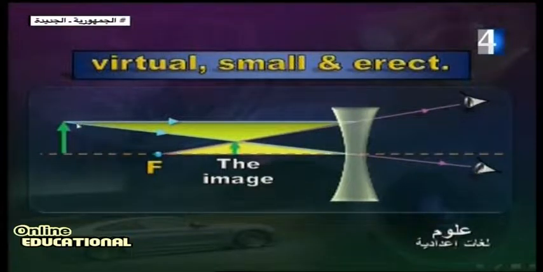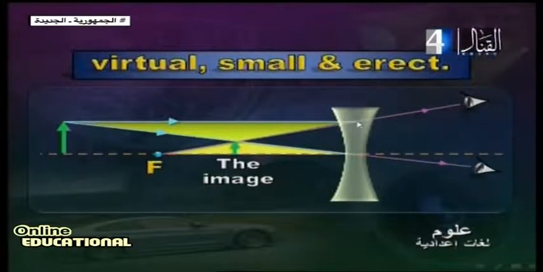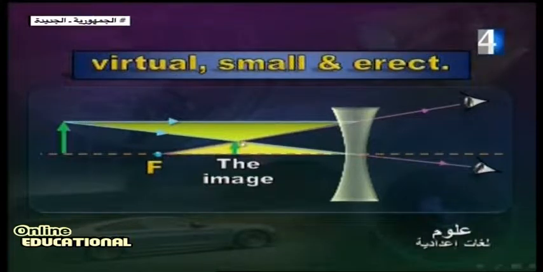But a light ray that falls parallel to the principal axis wants to diverge, but diverges by extension of the virtual focus. So the diverging ray is coming from the extension of the virtual focus.